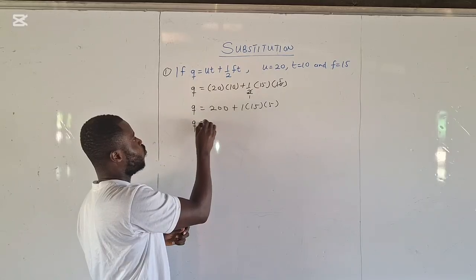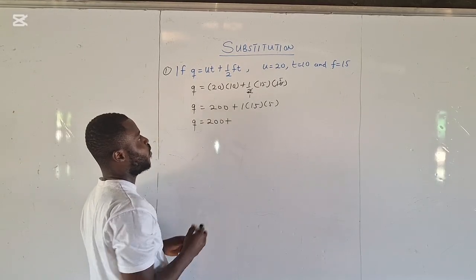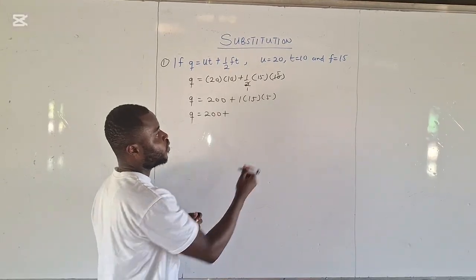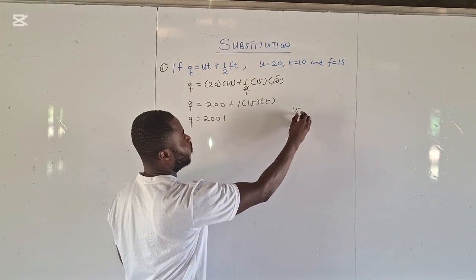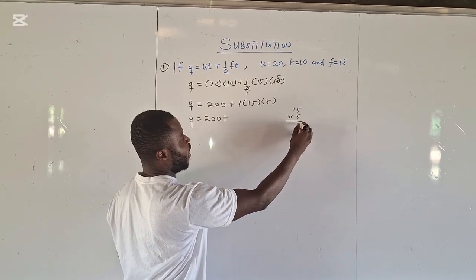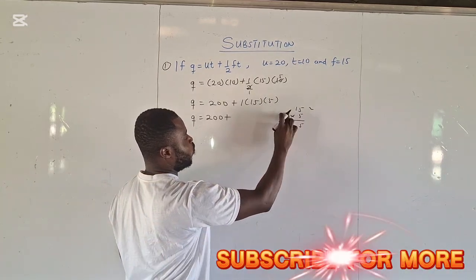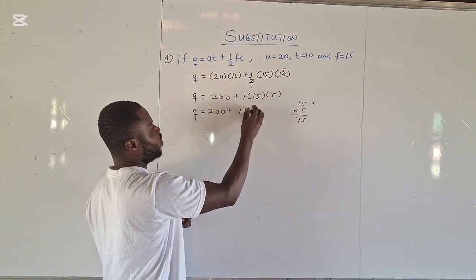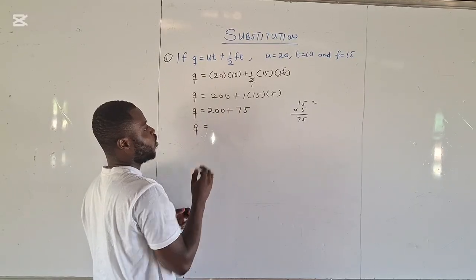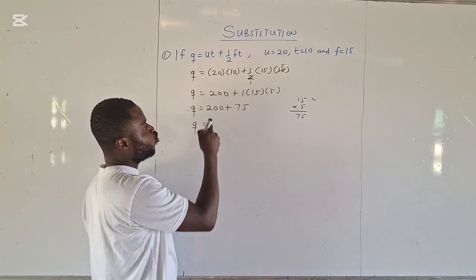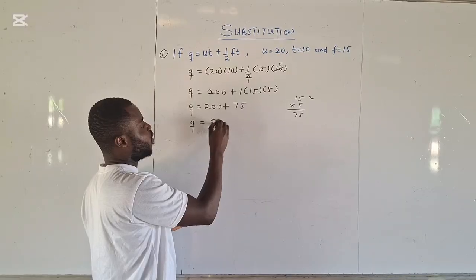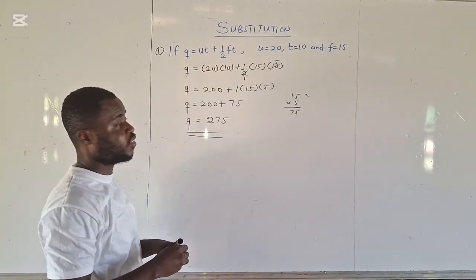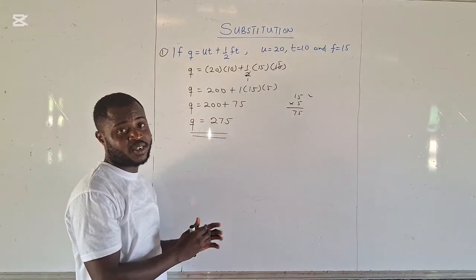So our Q will be equal to 200 plus 1 times 15 is 15. 15 times 5. 5 times 5 is 25, 5 remainder 2. 5, 1 times 5 plus 2, 7. So 75. Now our final answer Q will be equal to 200 plus 75, which will give us 275 as our final answer. So this is how this substitution question is solved.